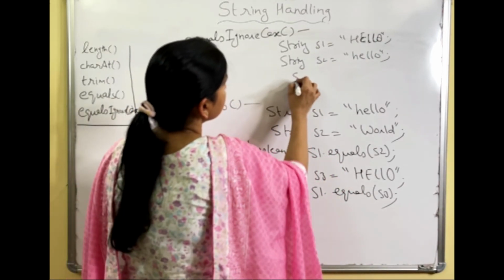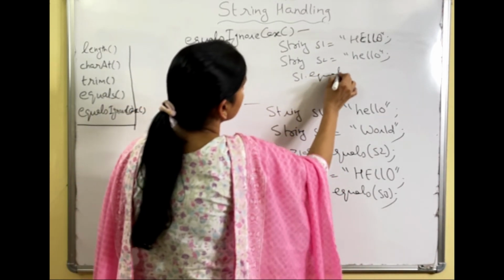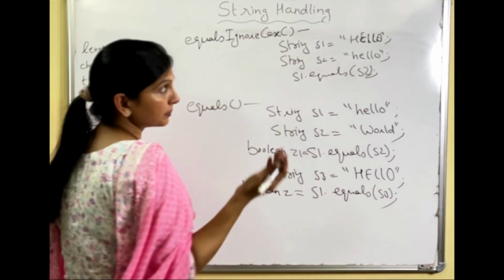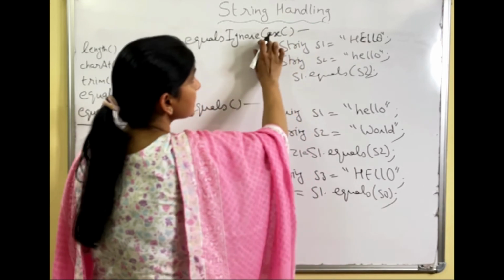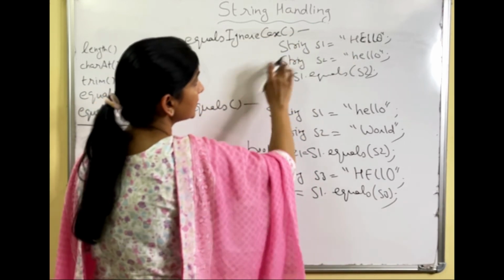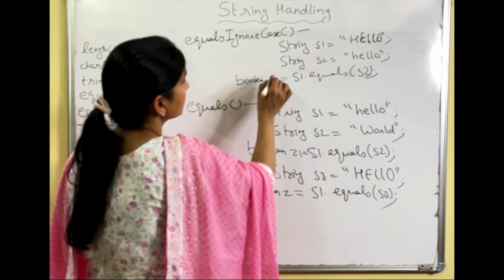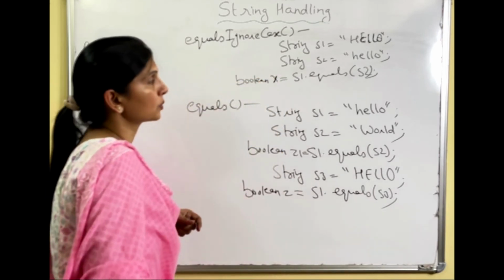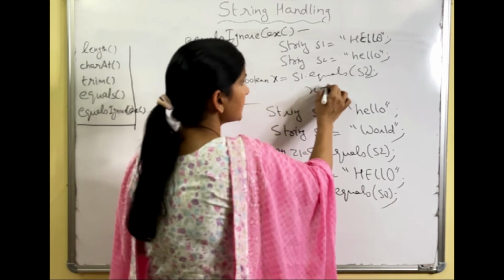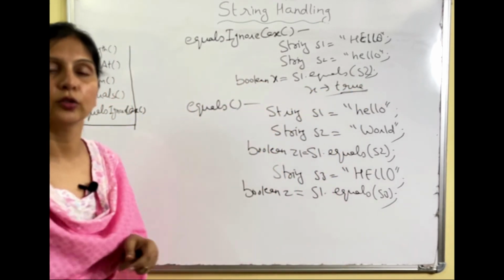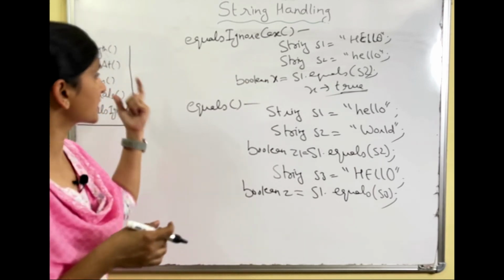Now if I write s1.equalsIgnoreCase(s2), true or false? It will be true, because in this case the cases are ignored and only the characters are matched, and those are the same. Boolean x. So x will be true. I hope you have understood these 5 string operations.